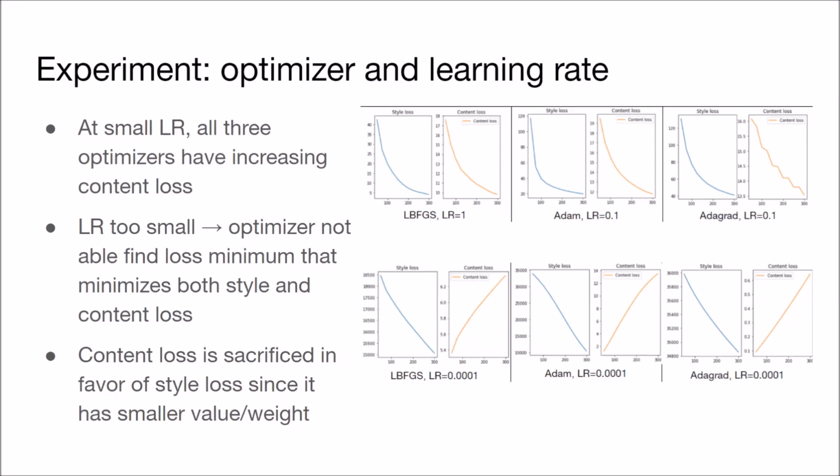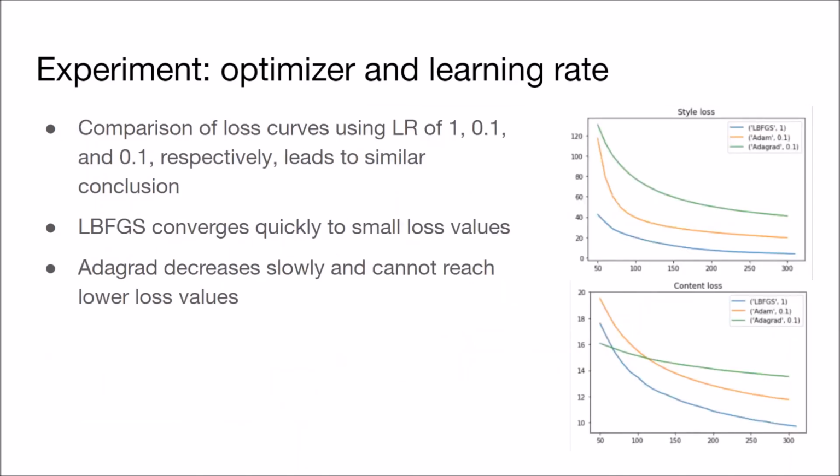And because the absolute value of the style loss is so much greater than that of the content loss, the content loss is sacrificed in favor of style loss. And here we see a similar conclusion where Adagrad converges to relatively high loss and it converges slowly, whereas LBFGS achieves a lower loss and it does this rather quickly.